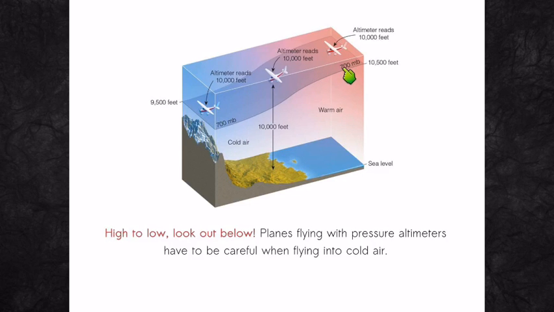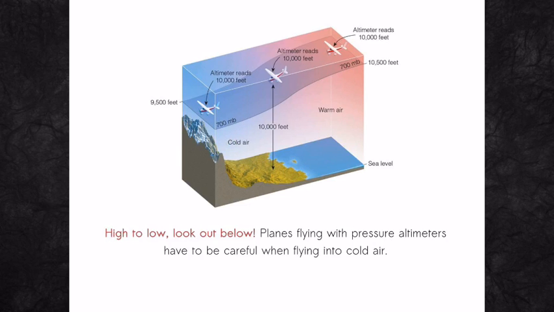So it's telling you, for instance, that maybe you're 10,000 feet above the ground. But in reality, based on the argument we just gave, we know that sometimes the 700 millibar level is going to be higher above the ground where it's warm, and some places it's going to be lower. So even though your altimeter doesn't know about that, it's saying 10,000 feet. Really, you might be a little higher than 10,000 feet at the start, and as you go into the colder air, you might drop down below 10,000 feet.